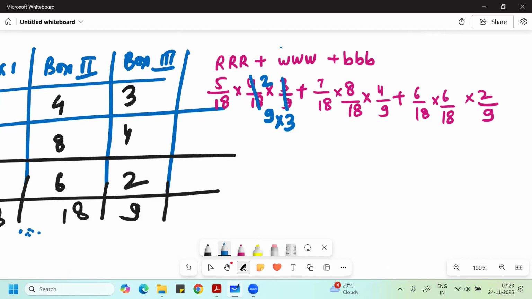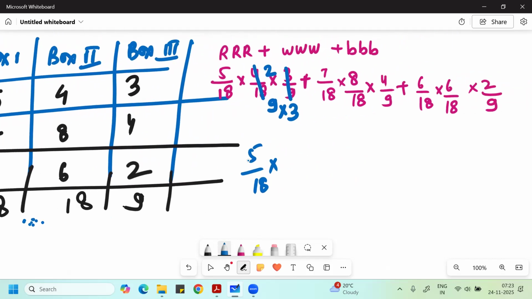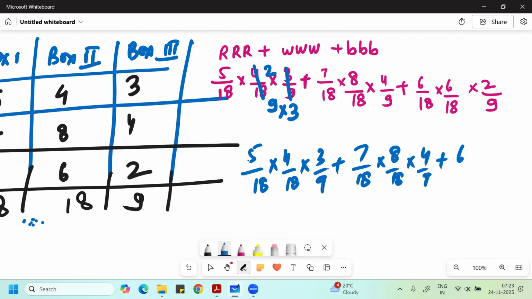Better not to touch the denominator. So 5 by 18 into 4 by 18 into 3 by 9, plus 7 by 18 into 8 by 18 into 4 by 9, plus 6 by 18 into 6 by 18 into 2 by 9.